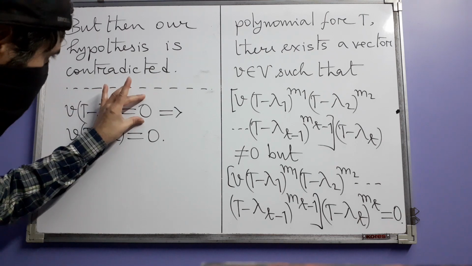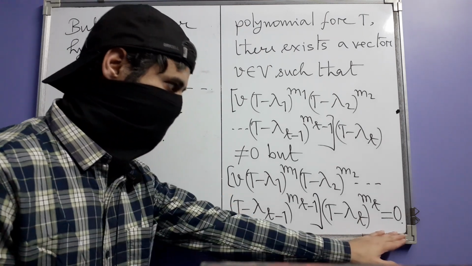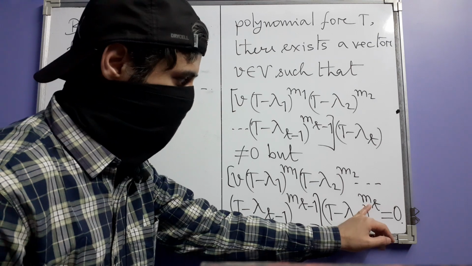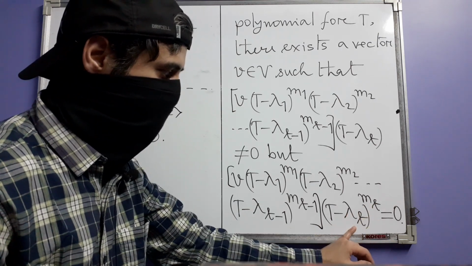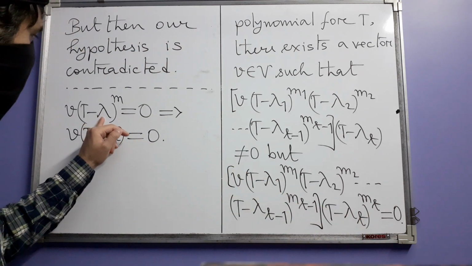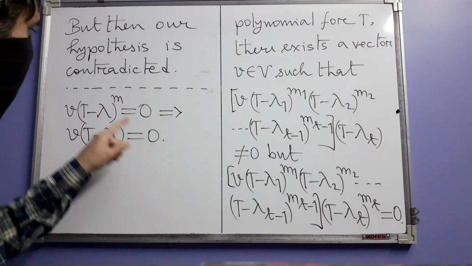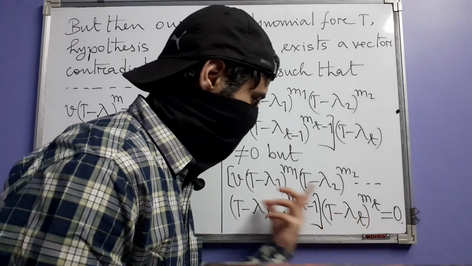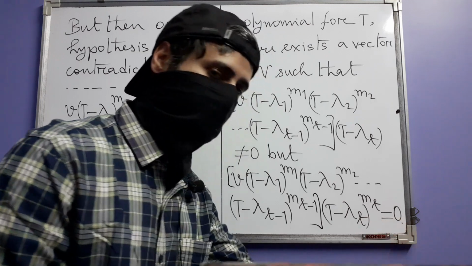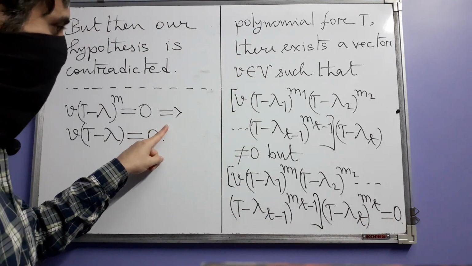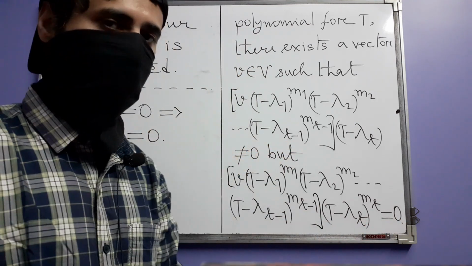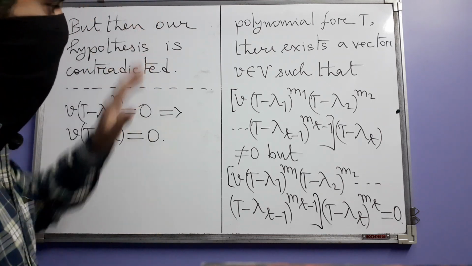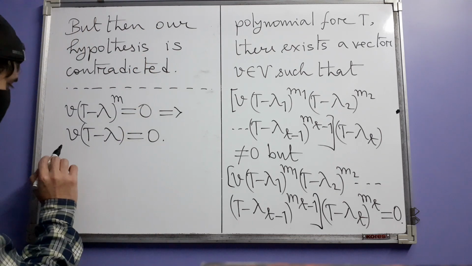So this being 0 is like this second equation, because here some positive integral power of t minus lambda t. What we take here as lambda does not matter. M also does not matter, it is any positive integer. This image is 0, but then according to our implication this should also have been 0, but it's not 0, and that is why our hypothesis itself has been contradicted.